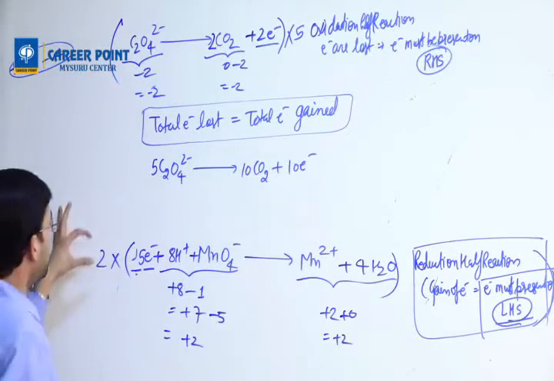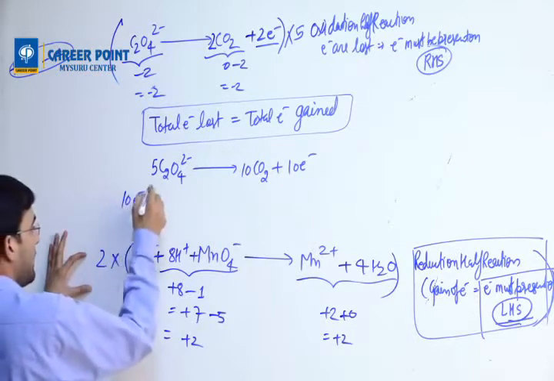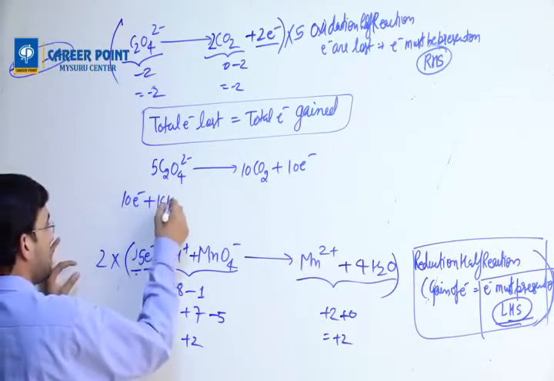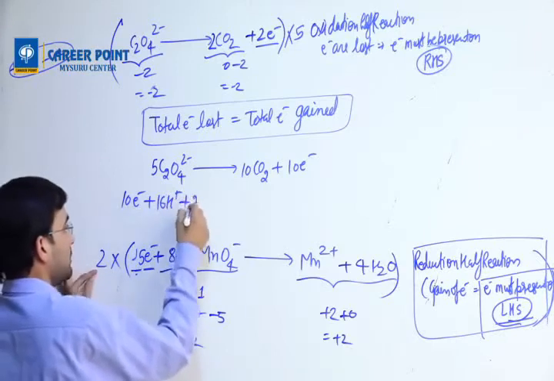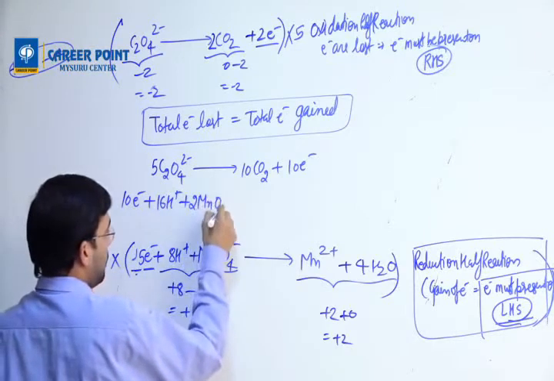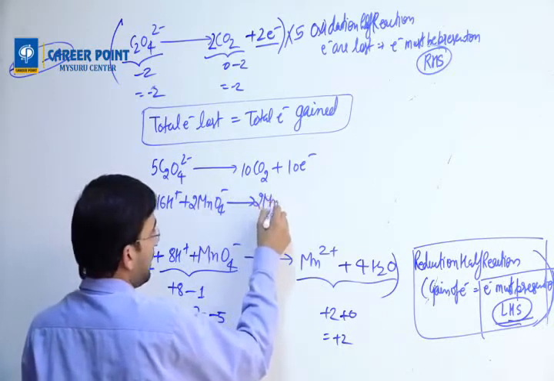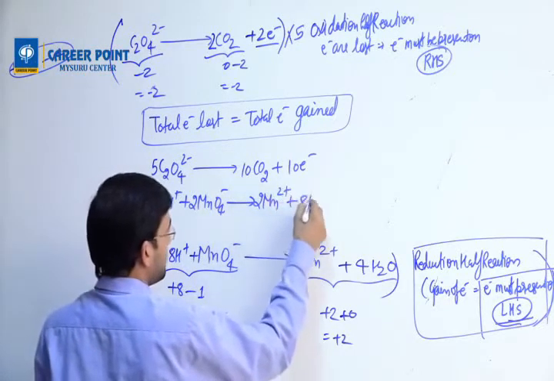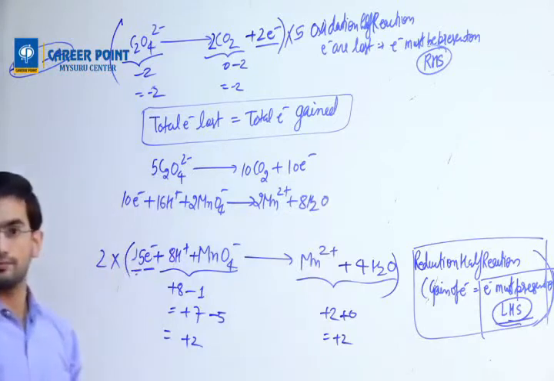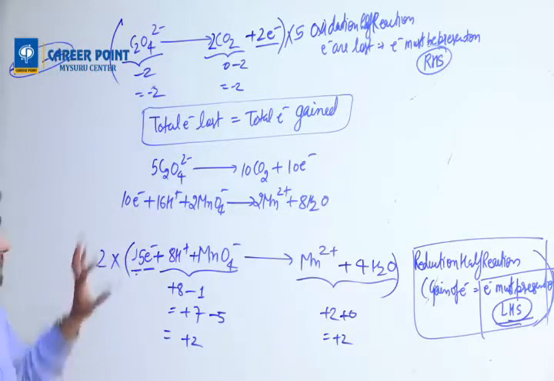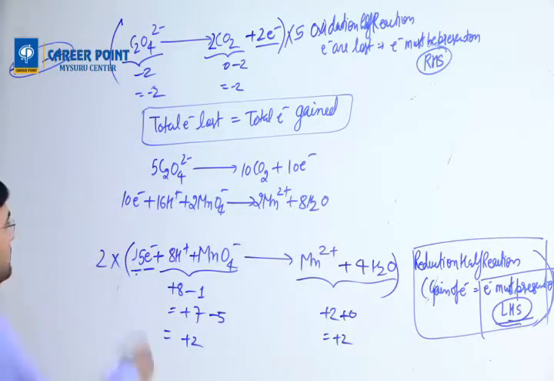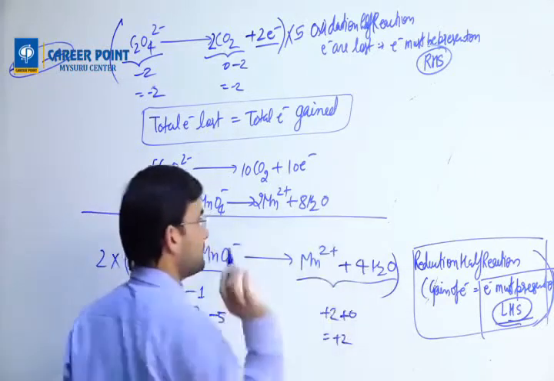This will become what? 10 electron plus 16H plus 2MnO4 minus gives rise to 2Mn2 plus 8H2O. Correct? I multiplied everything. Now I'm going to add.